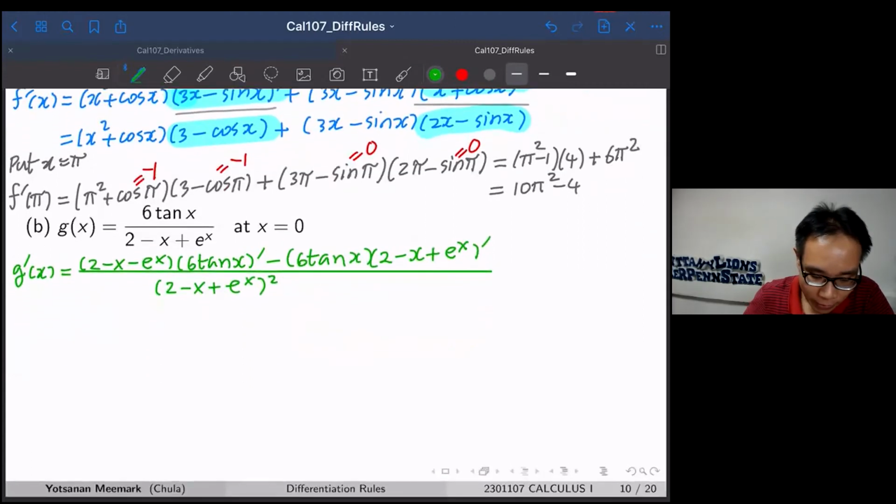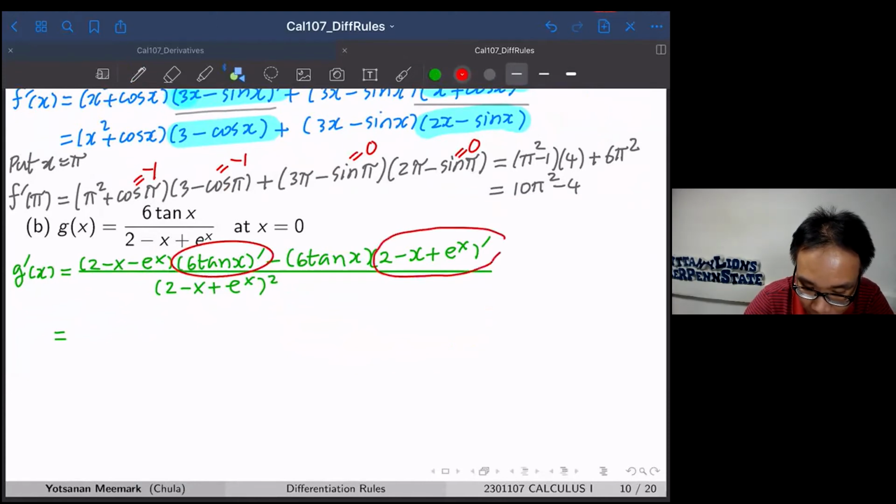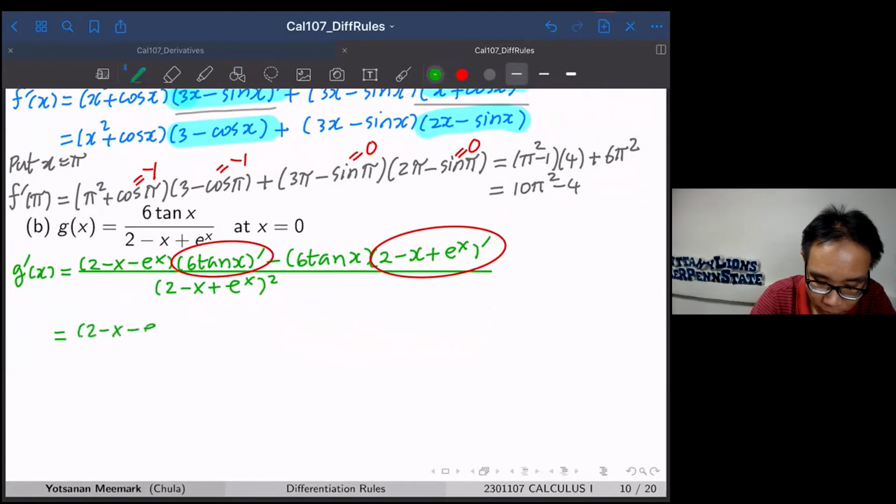So you need to differentiate two terms. Let me circle them first. I need to differentiate this one, and I need to differentiate this one also. So it's going to be 2 minus x plus e^x times 6 times the derivative of tan, which is secant squared, that's what we just had.